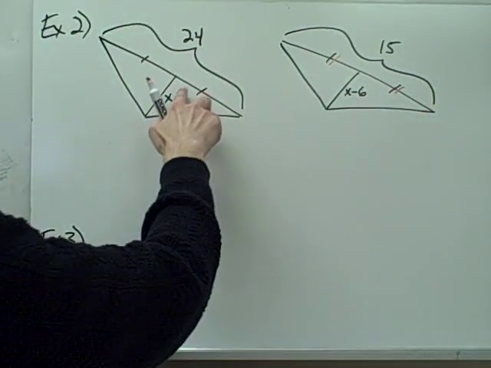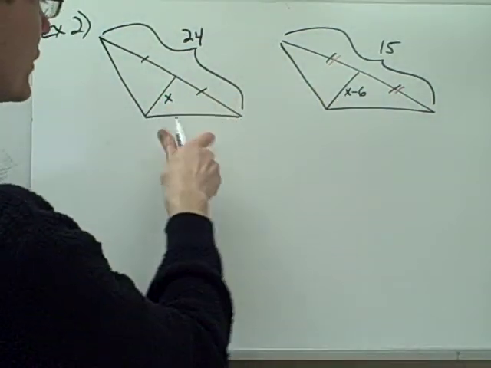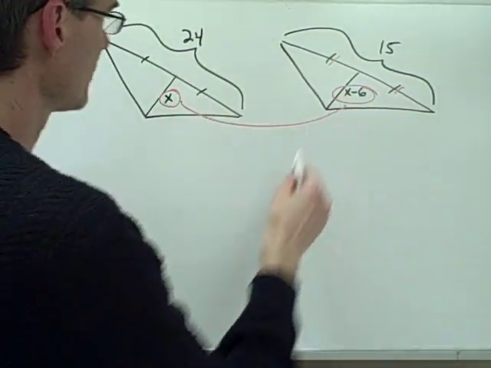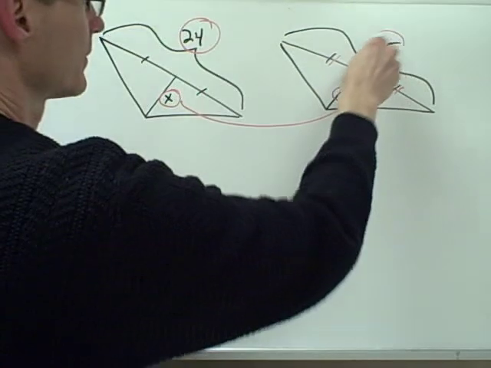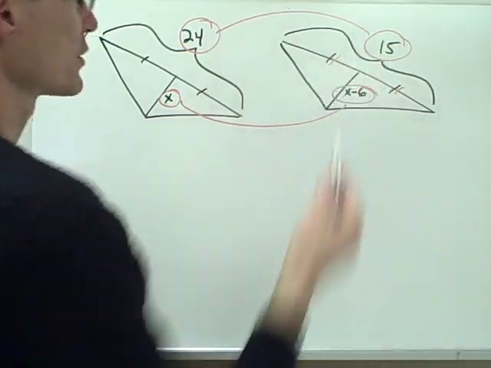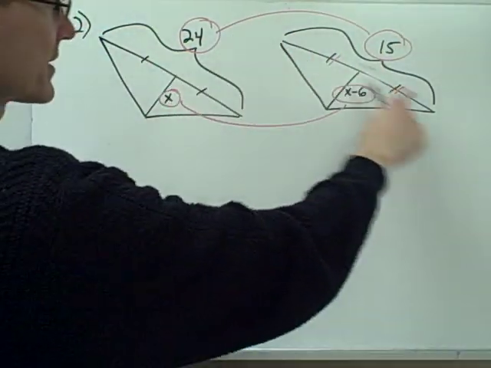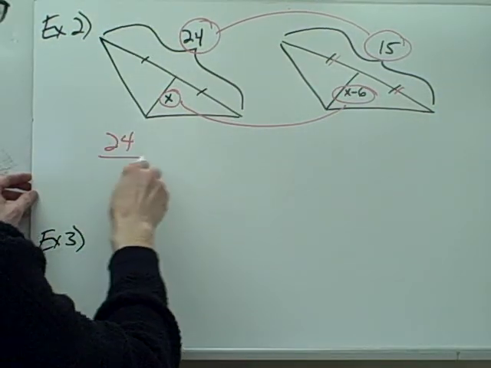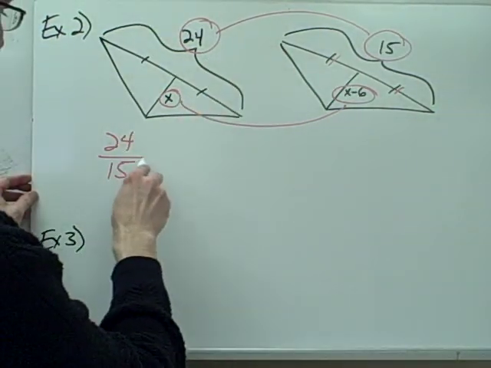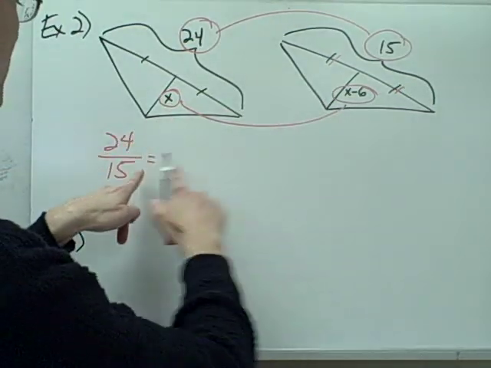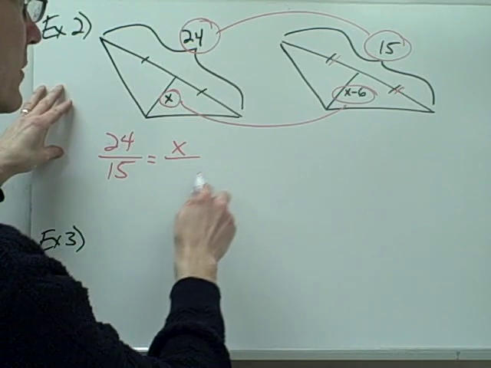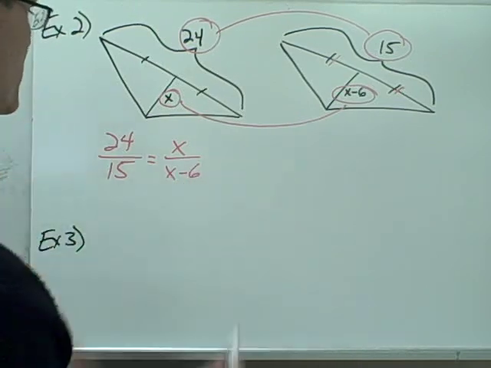So, since I know that the medians are going to be proportional, I'm going to set up a proportion using these two corresponding sides of these two triangles. So 24 to 15 is going to be equal to the ratio of the medians, x over x minus 6.